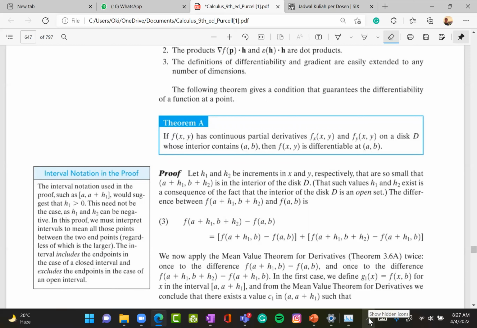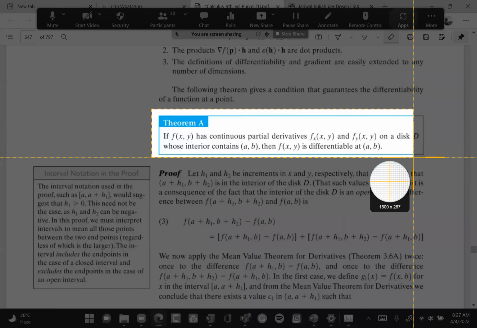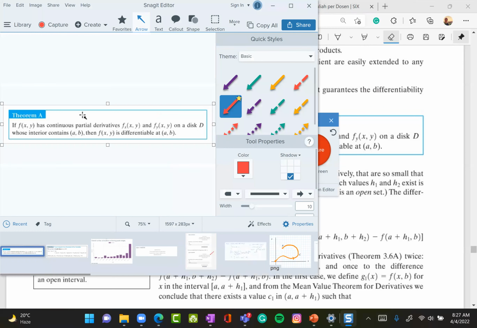Let me just copy this one. We'll just use this. We won't use the definitions. All right.